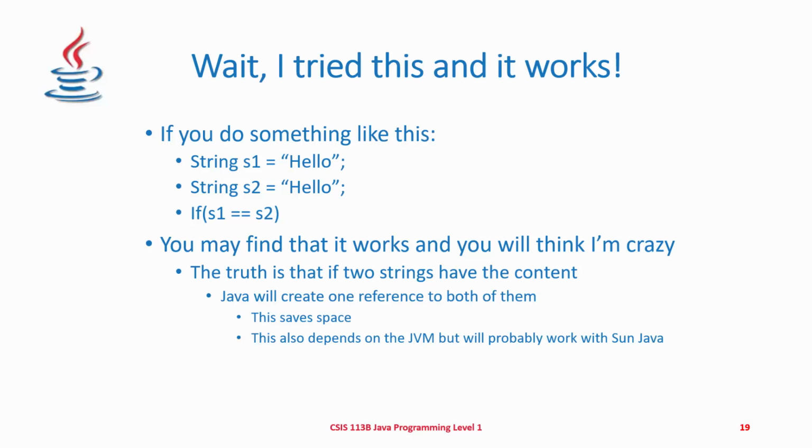So in this particular example, s1 most likely would compare to s2. It depends on the implementation, but most likely, if you're using Sun Java, you're going to get that to evaluate to true. But that still does not negate what I was telling you previously.